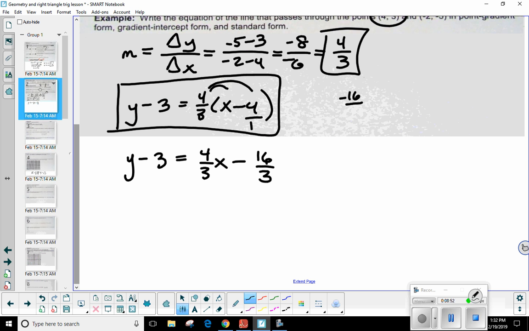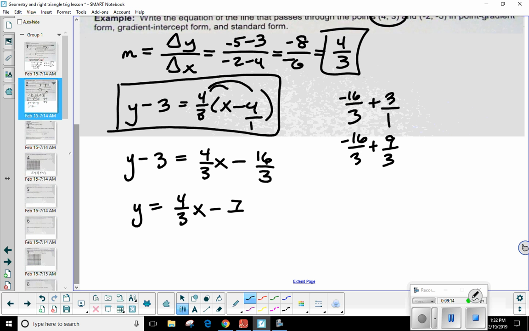So negative 16/3 plus 3. So we need a common denominator of 3. So what divided by 3 is 3? Okay, 9. So negative 16/3 plus 9/3. And that's going to be negative what? Negative 7/3. Okay. There's slope gradient form, slope intercept. Or gradient intercept form, I should say.